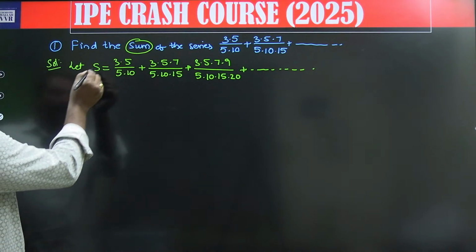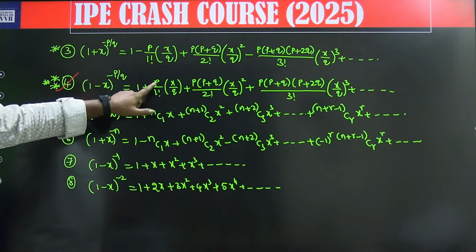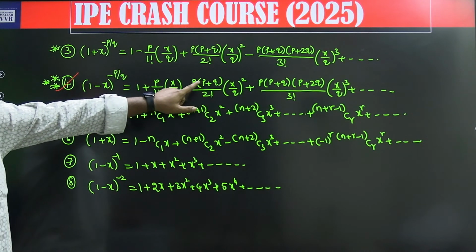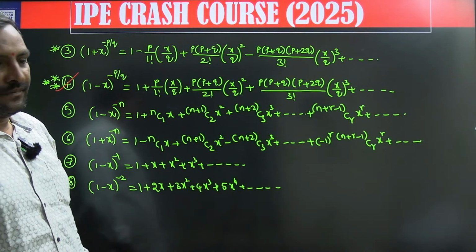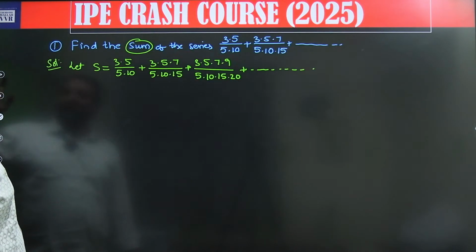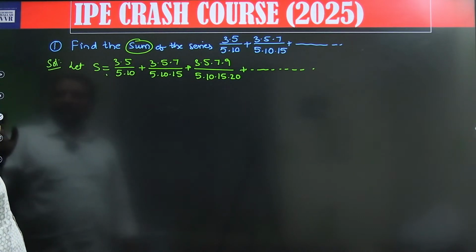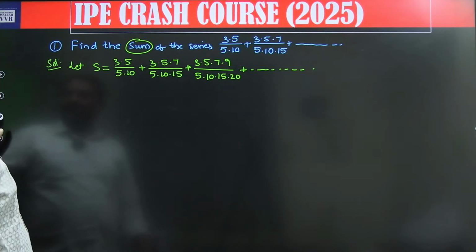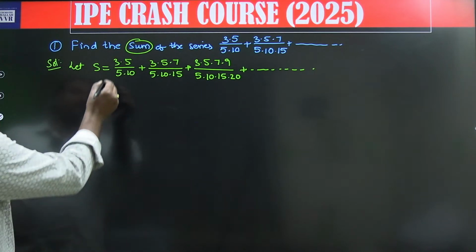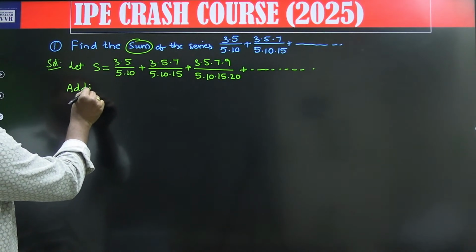So in the formula we have 1 plus p by 1 factorial into x by q, plus p into p plus q by 2 factorial into (x by q) whole square, like this. But here we do not have the 1 and the first term, so compulsorily we have to add them.